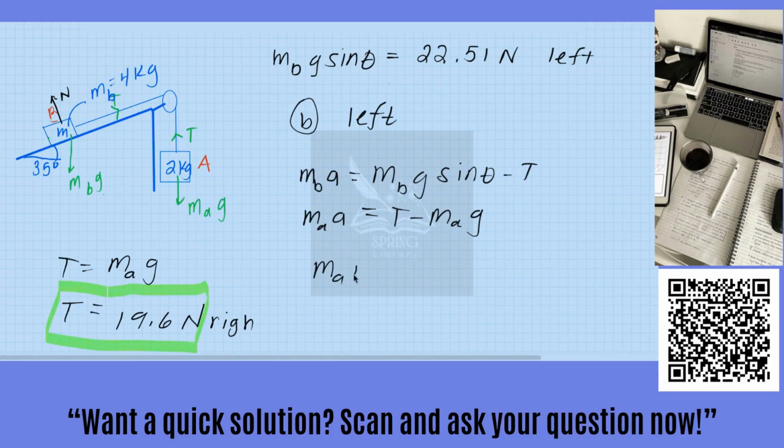So this is M_A plus M_B. So adding these equations, T will cancel, is M_B g sine of theta minus M_A g. So solving this for A, we're going to divide by M1 plus M2.